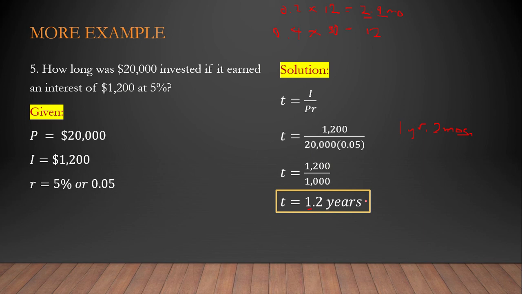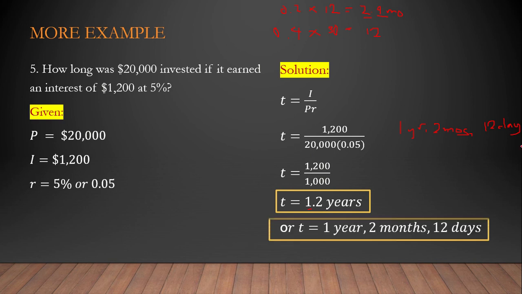So, convert mo siya, 1.2 years po is 1 year, 2 months, and 12 days. So, ayan. Or, ulitin ko, 1.2 years. Kapag gusto mo yung complete talagang time, this is 1 year, 2 months, and 12 days.